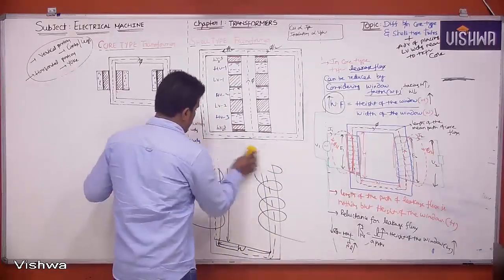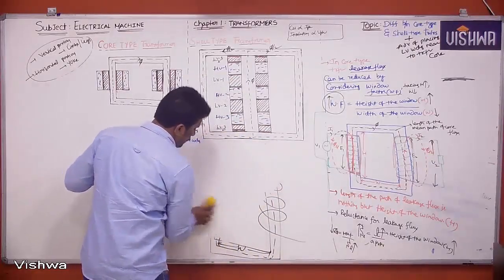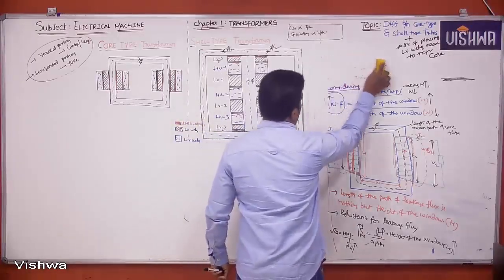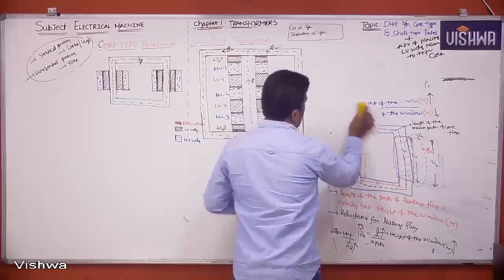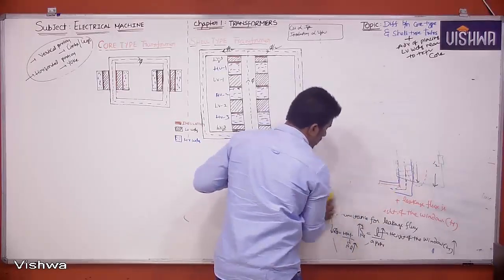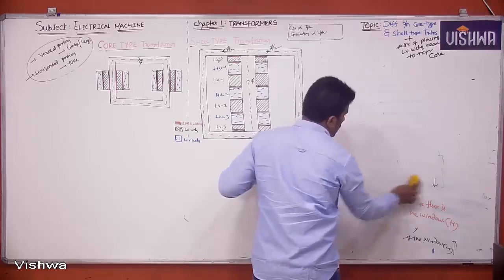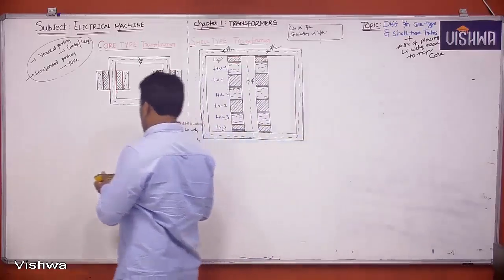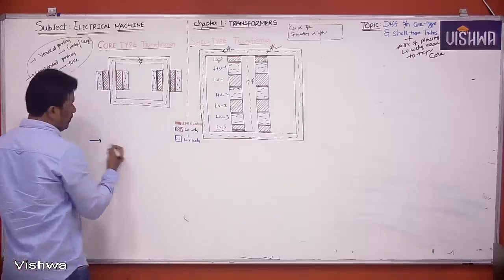Next, in addition to these points, I can give one more point on core type transformer. I already told you core type transformer is economical for high voltage, low current applications. Please see your previous session notes.